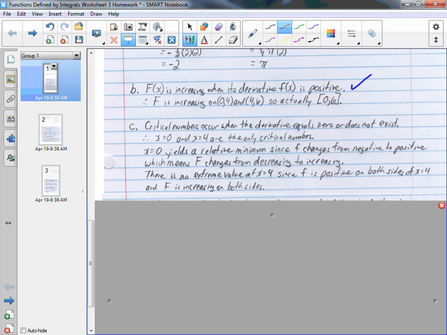And then just for me, capital F is increasing on both sides. All right. Everybody caught up to me?